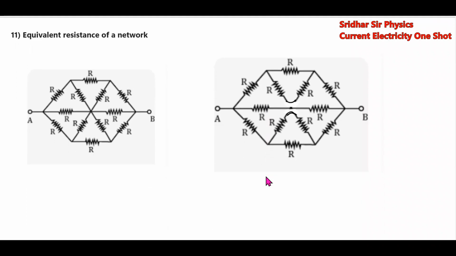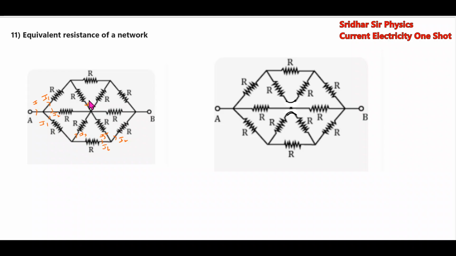Next, we have the circuit's equivalent resistance network. Now the current I will come. It will branch out like this: I1, I2, I3. We'll assume this current is I1. Let this be I2. Here I3 will combine.